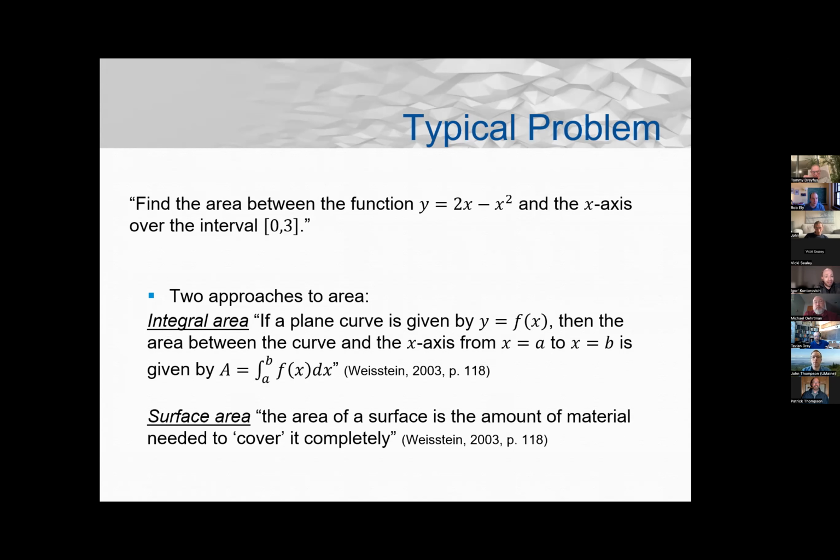The approach that I'm more familiar with, that when we are provided with questions of this sort, at least in the mathematics courses, the intention is for students to find a surface area, which is the area of the surface or the amount of material needed to cover it completely. So for example, in this case, when the function crosses the x-axis, the 2 approaches to area clash.